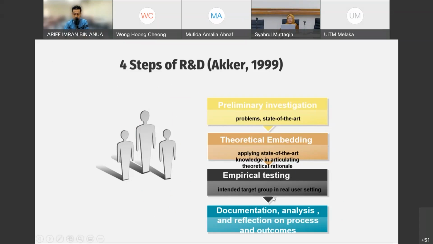And then empirical testing, with the intended target group in a real user setting. And then the last step is documentation, analysis, and reflection on process and outcomes. So from Akker, there are only 4 steps.